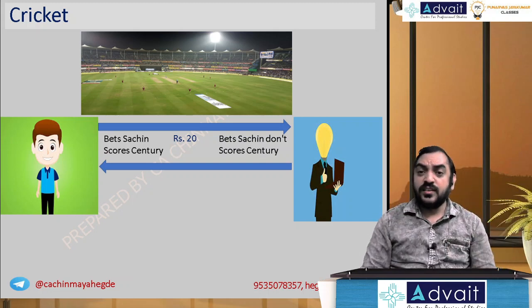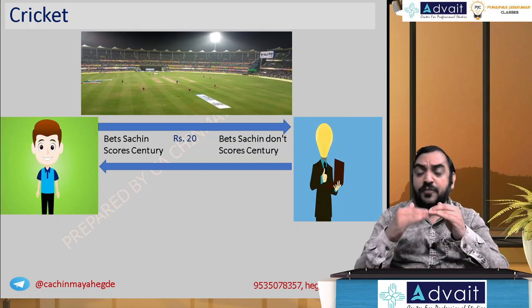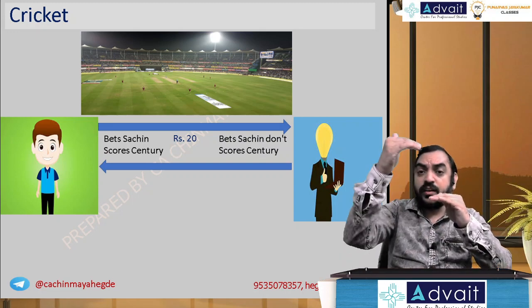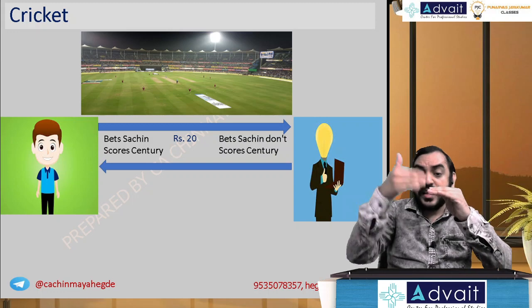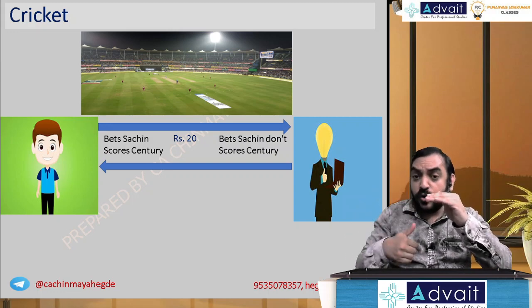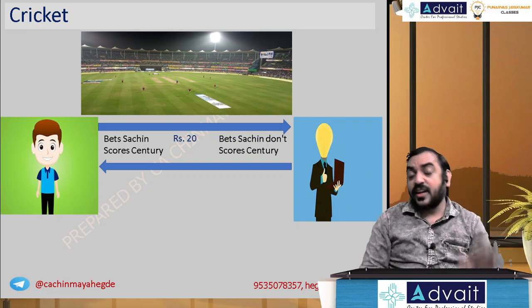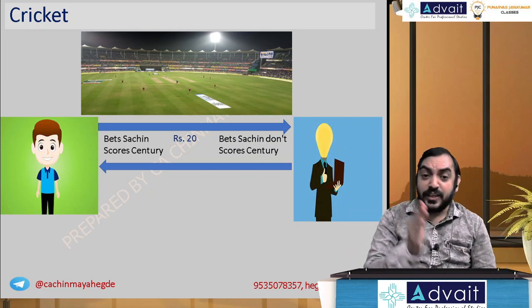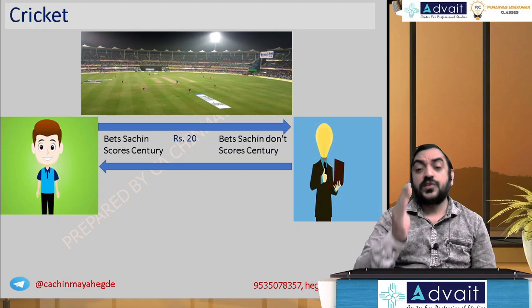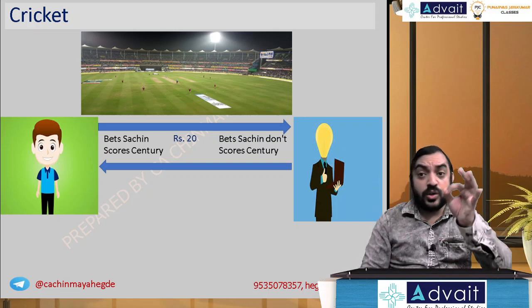Getting the situation? Previously what happened? For every 1 run above, I get 1 rupee extra, and for every 1 run below, I lose 1 rupee. Above +1, below -1. Here it is not like that. If he scores above 100, then only you get money.